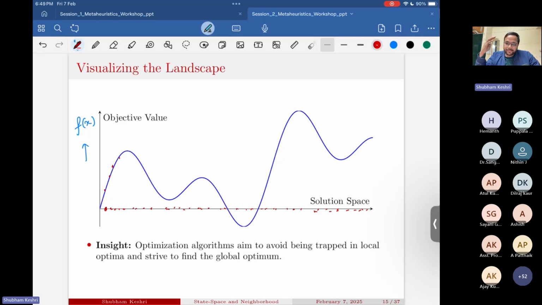Actually, a lot of research has been done for problem types. Suppose for the traveling salesman problem or single machine scheduling problem, the landscapes have already been studied, and they know how to produce a good landscape and what approach to take to get it. These studies have already been done.